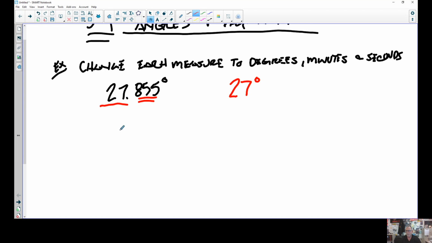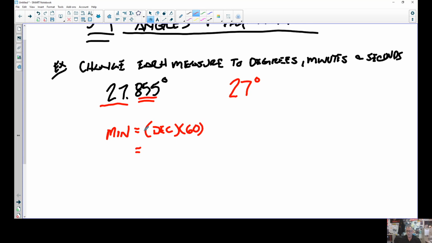All right. And it starts out pretty basic because the first division is minutes. Well, it's 60 minutes that make a degree. This is 0.855 of that. So all you would do to find minutes is take your decimal and multiply it by 60.